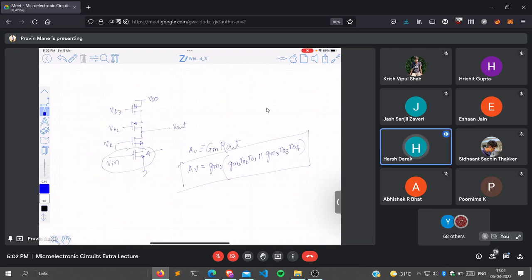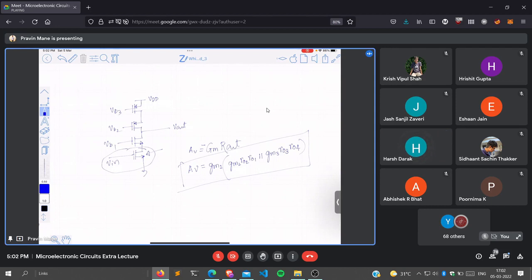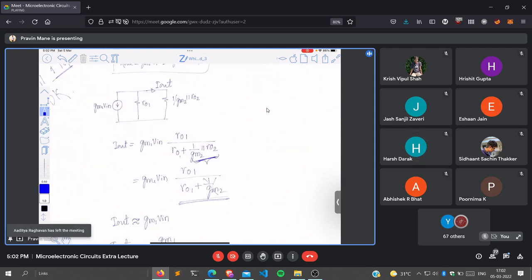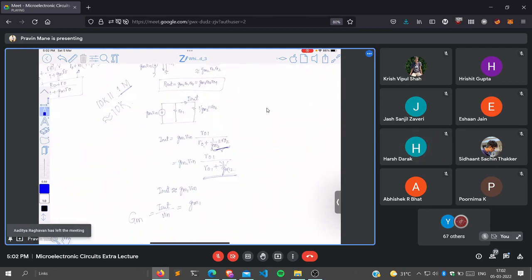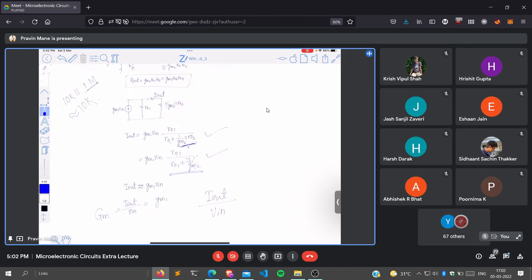So why did you take capital GM as small GM1? So it is approximate. So I proved it, no? In hand calculation, most of the time approximations are used. I calculated what the actual capital GM will be: I out by V in is equal to GM1 RO1 divided by RO1 plus 1 by GM2 parallel RO2.